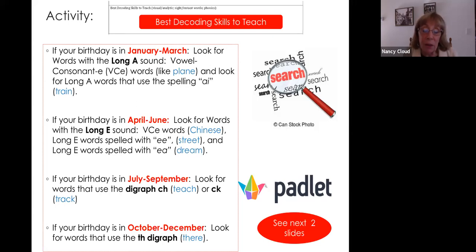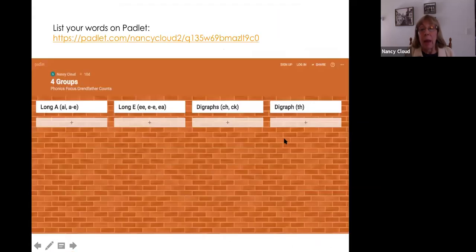And if your birthday is in the last part of the year, from the beginning of October to the end of December, you're looking for words with the TH digraph, such as in there, okay? So these are your instructions. Now, you should be in this Padlet, and as you find words, you put them in the Padlet under your group. Long A words in the first column, long E in the second column, and so forth, okay?